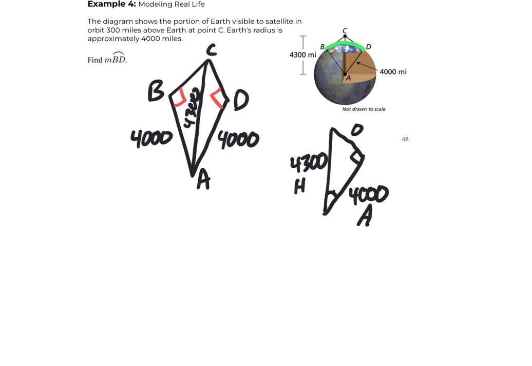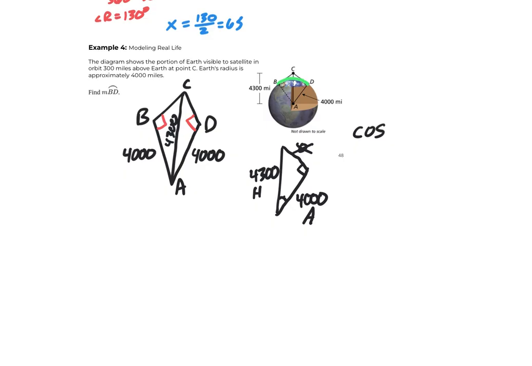We don't really need the opposite side. We just need adjacent and hypotenuse. So this is cosine. So cosine of x, I'm going to call this x right here, equals adjacent over hypotenuse. What do we have to do special in our calculator when we find an angle using trig?